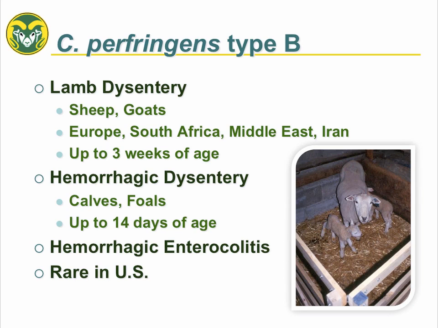Because of the beta toxin in this organism, clinically we get much more of an erosive mucosal barrier that hemorrhages, and it may be a little bit more distal. Rather than being the abomasitis, it's more of an enterocolitis, as the name says. And so we see the blood coming out in the feces sometimes before the animal passes away.